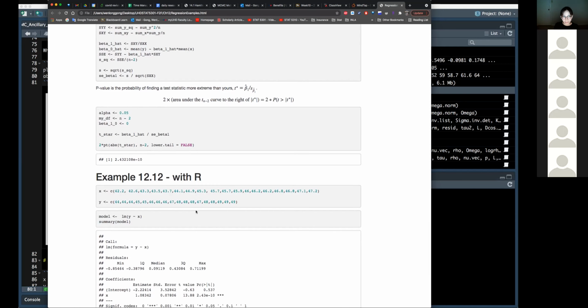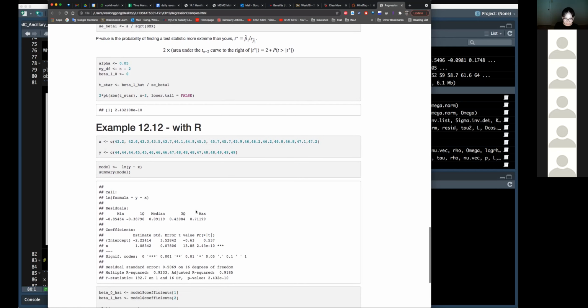Well, as I showed you in the slides, you can actually do it fairly quickly with a linear model. Once you have your X value and your Y value, you do this linear model and do a summary of it. It will just pop out this table for you, and it will give you the R square for this model.